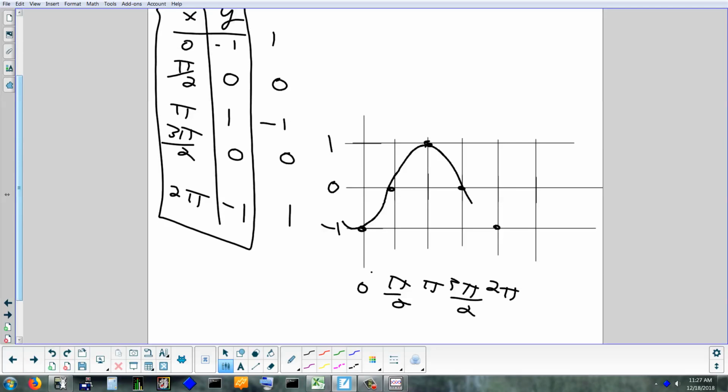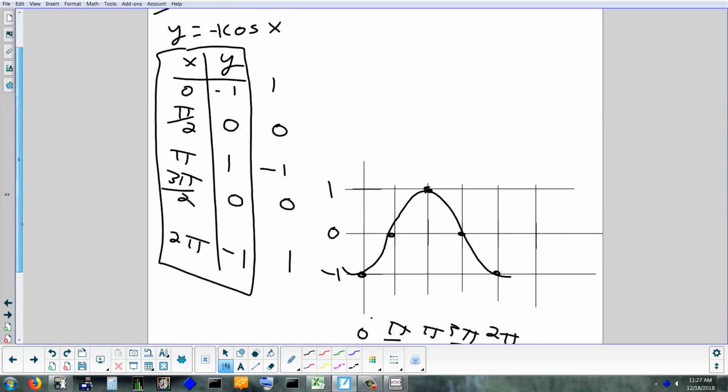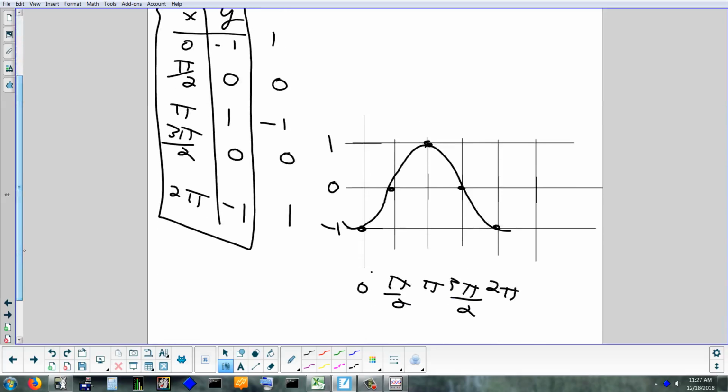And there's your graph. So technically there's no amplitude change there at all, but we put it in with these because it's kind of like you're multiplying by a number in front. It's kind of like having a negative 1 in front. Okay. Any question on that one?